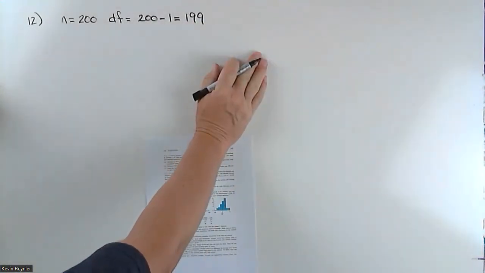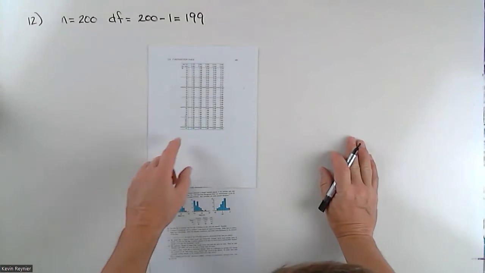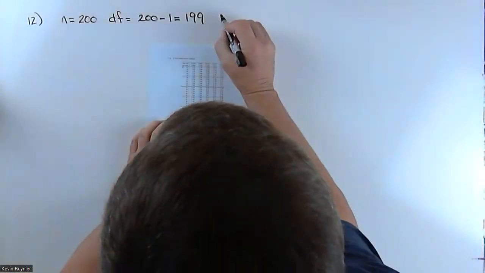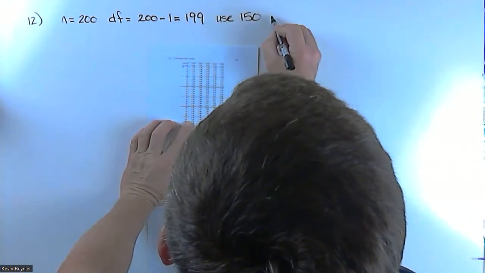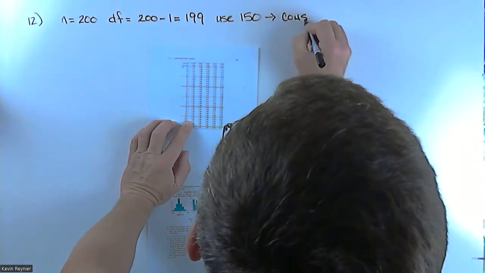Now, we do not have a row for 199 on our table, right? If we look at our table here, we have a row for 200 and a row for 150, but we do not have a row for 199. So we're going to use 150. That's the conservative approach.